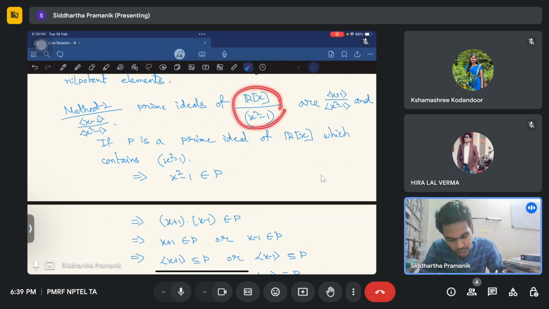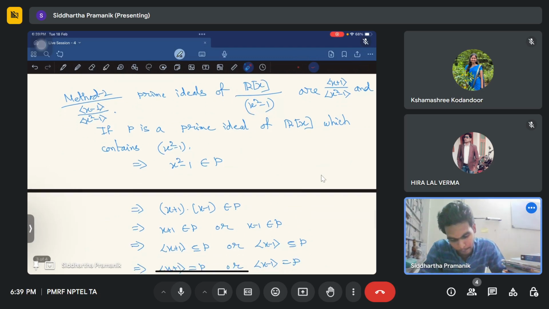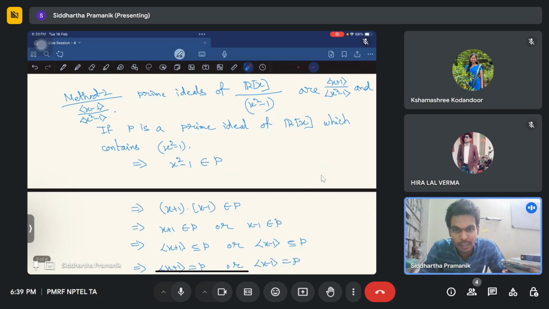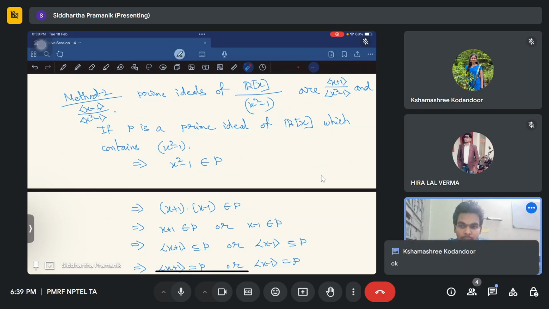So this quotient ring has only two prime ideals. Is it okay? Do you have any doubt in this? We are using the correspondence theorem.